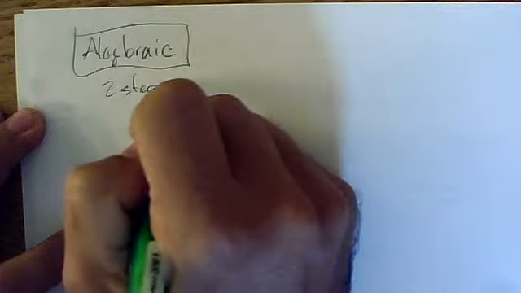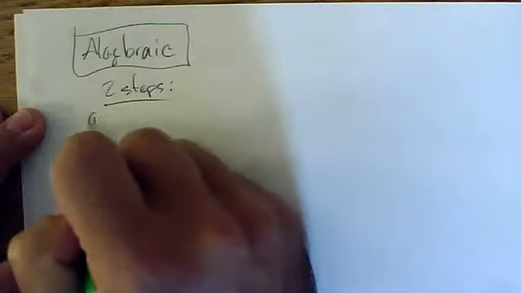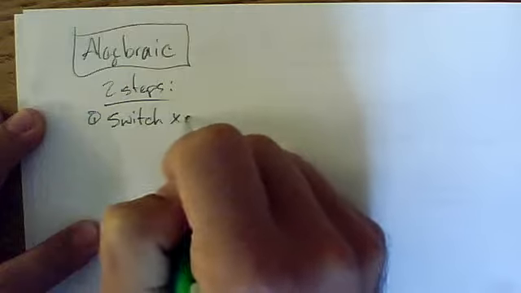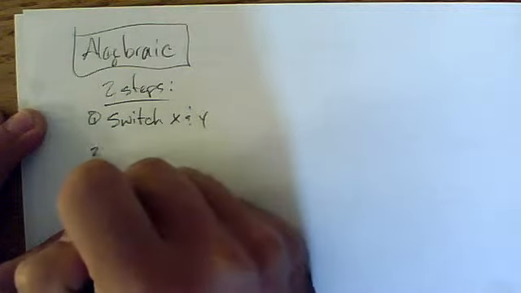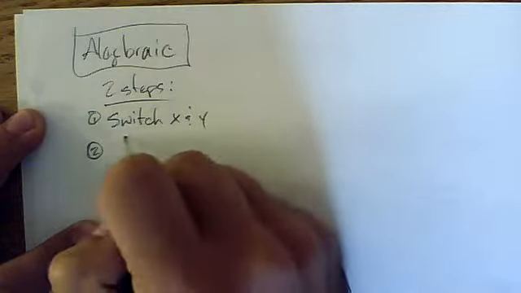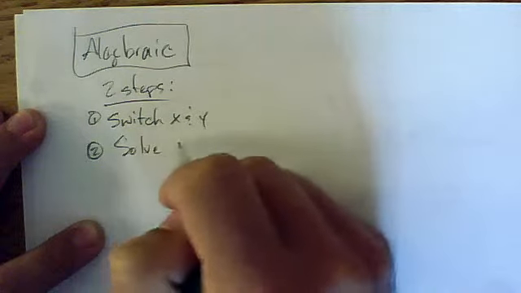If you're given a function and you're asked to find the inverse, there are 2 steps that you need to follow. It's very simple. The first step is you want to switch x and y. And the second step is you want to solve for y.